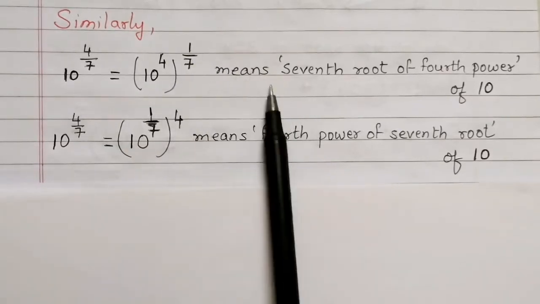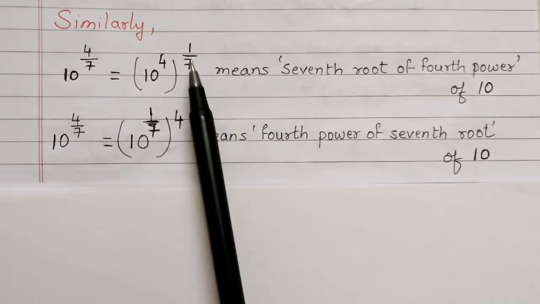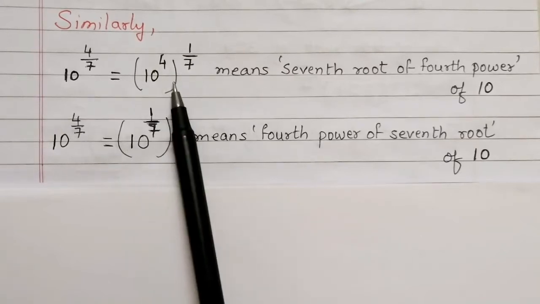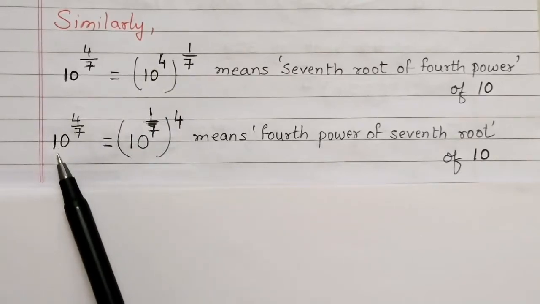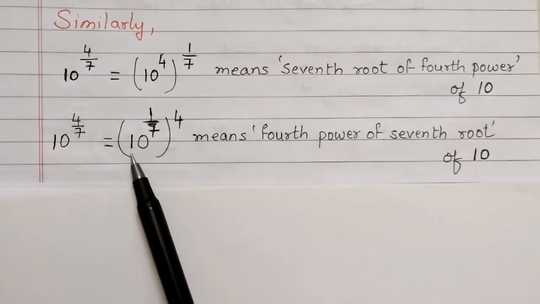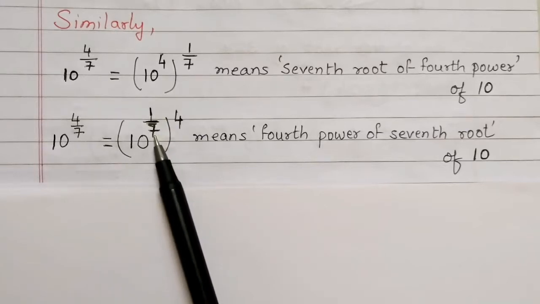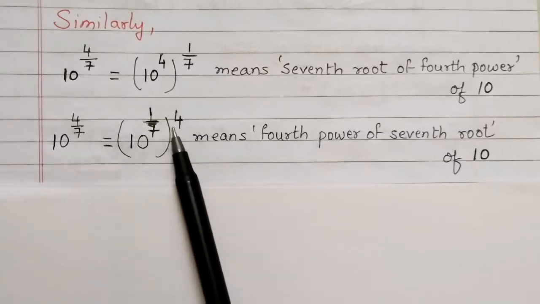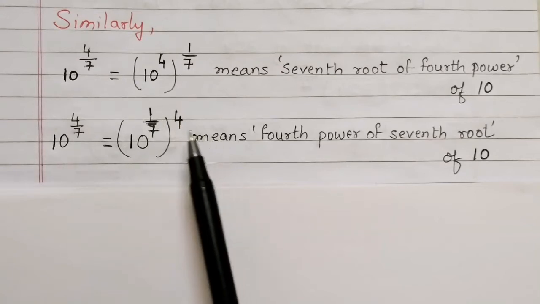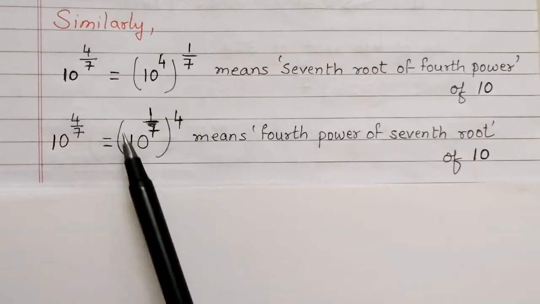And how to read it: 7th root of 4th power of 10. 10 raised to 4 upon 7 can also be written as 10 raised to 1 upon 7 whole raised to 4. So how to read it? We read it as 4th power of 7th root of 10.